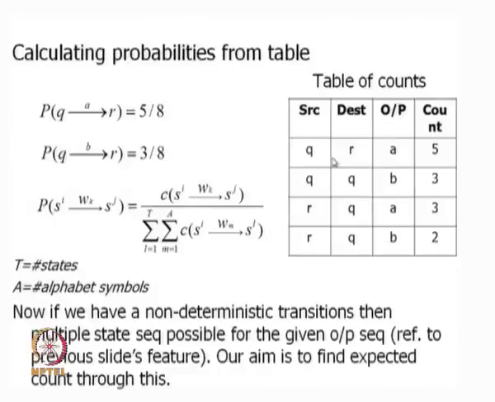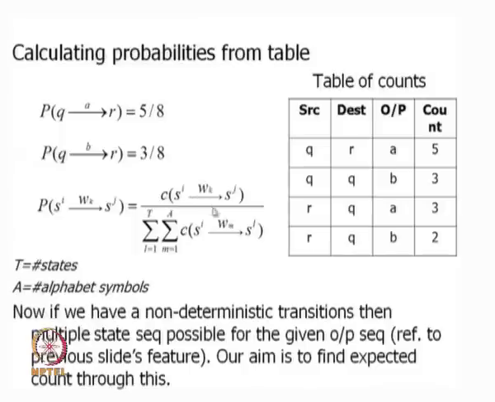The Q to R transition is the only transition possible when the starting state is Q, and there are 2 possibilities of output being A or B. So, we have the probability of Q going to R on A as 5 by 8. There are 8 cases of transition from Q, and if we capture the next state as R and different symbols as A and B, then this is what the probability comes out to be.